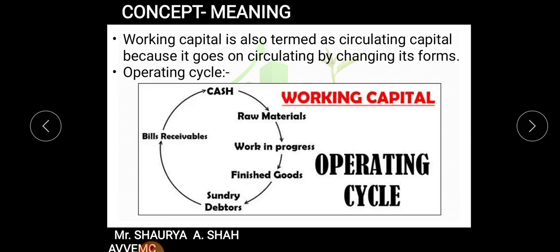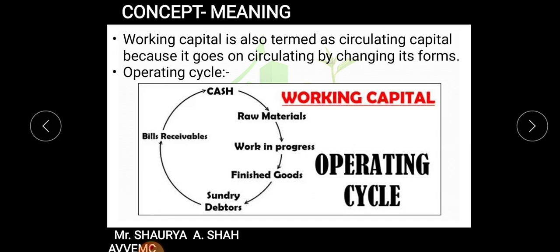As you can see in this figure, the operating cycle of working capital continuously changes in different stages, right? At each stage, the working capital remains invested in the form of either cash, raw material, finished goods, or debtors or bills receivable, right?